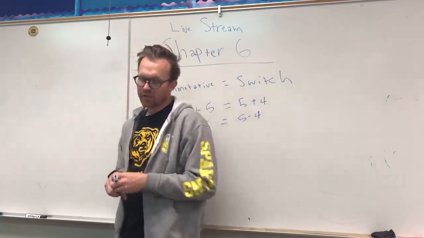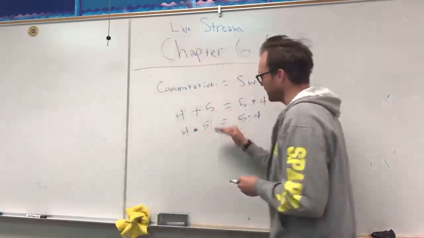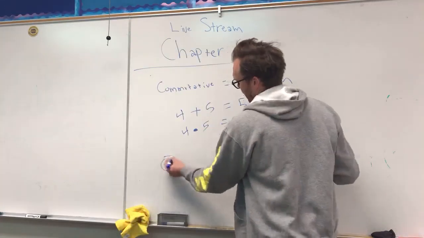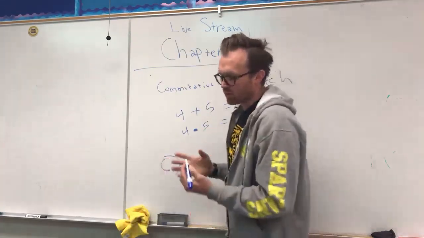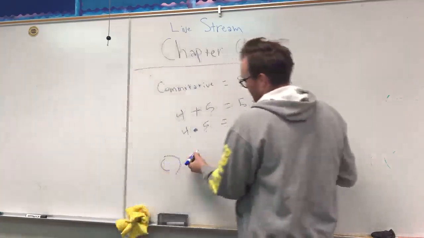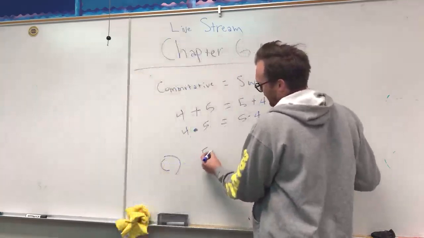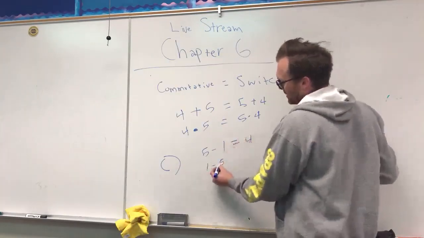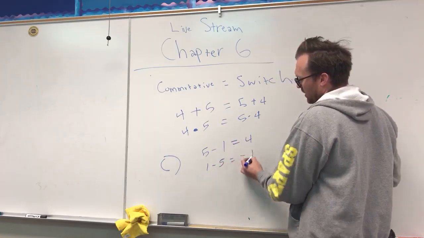And then here's my example for part B. You can use one or both. And for part C, what's an example of something that wouldn't work? Well, think about subtraction. Fear Falcon, subtraction wouldn't work because what would be 5 minus 1? Okay, but with 1 minus 5, if you try to take away 5 from 1, you're going to have negative 4.